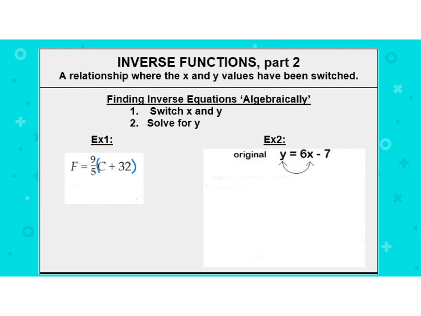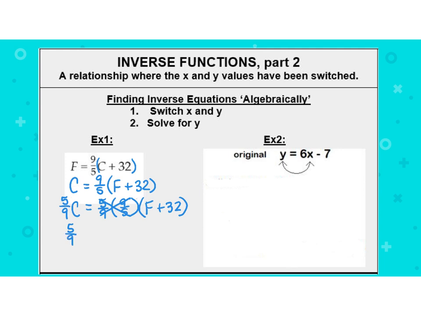So the first thing you do is you switch your F and C. And now we are going to isolate F. So in order to isolate F, the first thing we do is multiply both sides by 5/9. 5/9 C equals 5/9 times 9/5 times F plus 32. Okay, so when we do that, these two fractions cancel out. So that's how we eliminate our fraction.